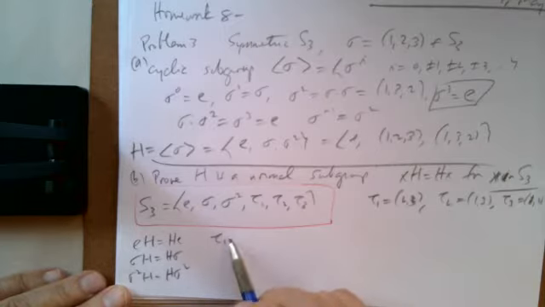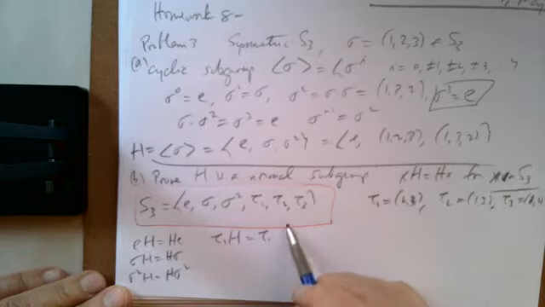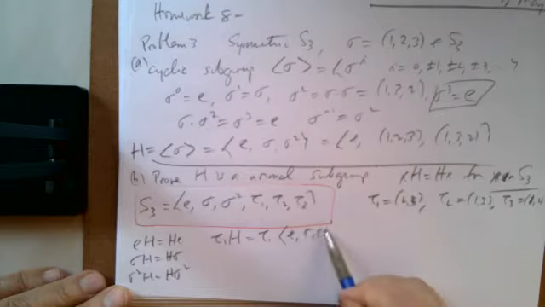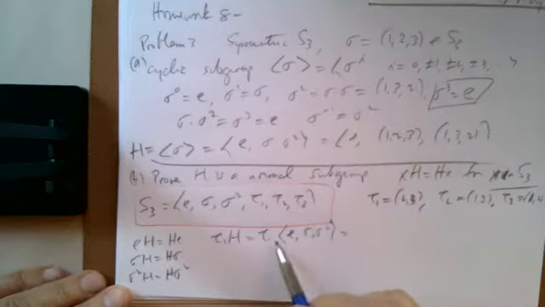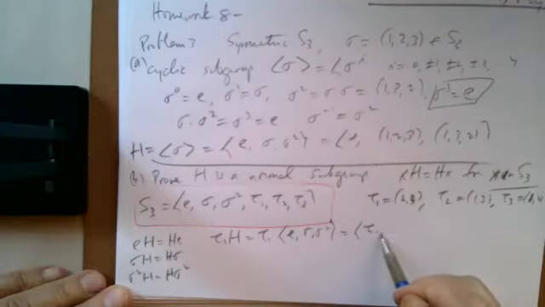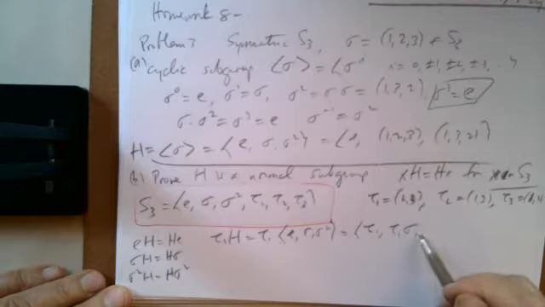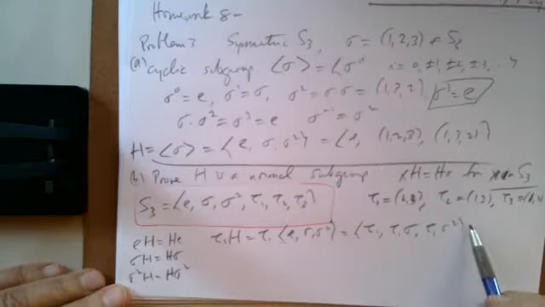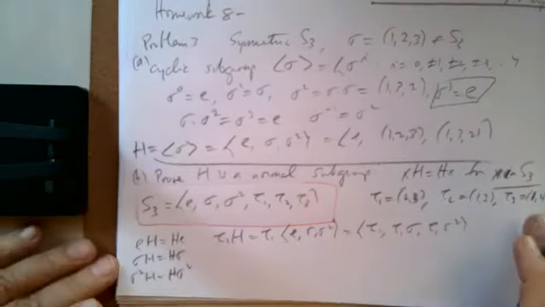What is tau 1 times H? So that's tau 1 times this subgroup consisting of E, sigma, and sigma squared. So this means take everything in the subgroup and multiply it on the left by tau 1. You get tau 1 times the identity, tau 1 times sigma, and tau 1 times sigma squared. And what is this? You have to compute it.